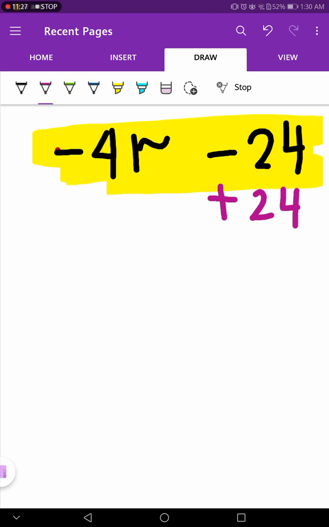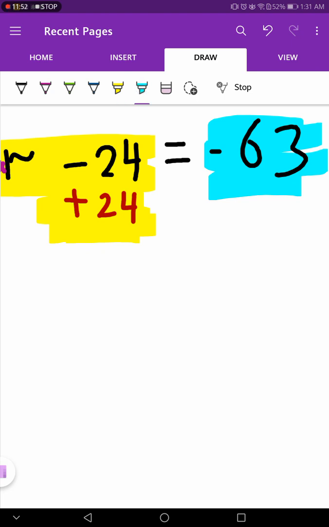Teacher, it is negative 4. Why don't we add plus 4? No, the negative 4 is a coefficient of r. It is stuck with the r, so there is a hidden multiply here. We will reach the negative 4 and we will eliminate it after this step. And you know that to keep the balance, what you do on the left side, you have to do on the right side.